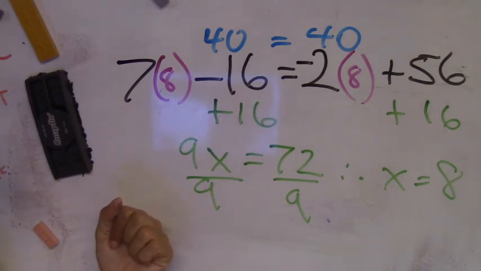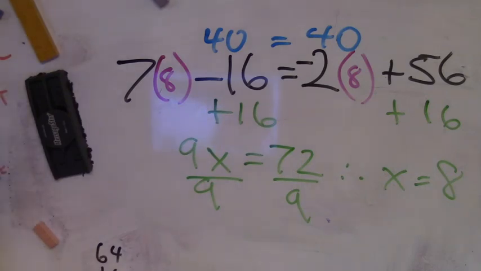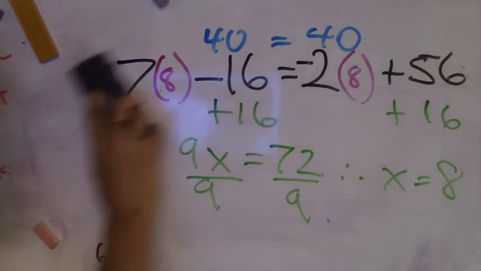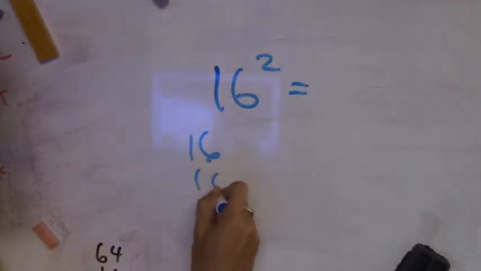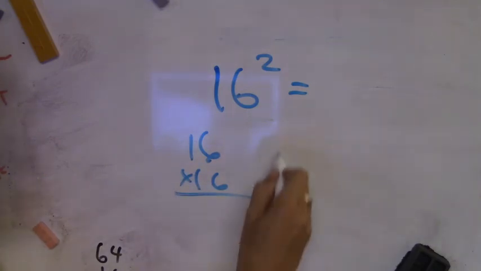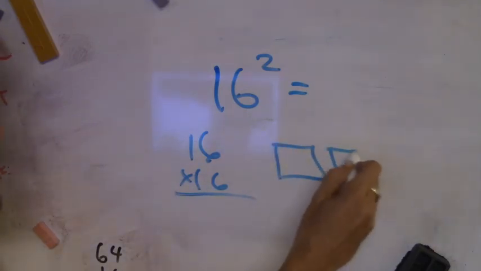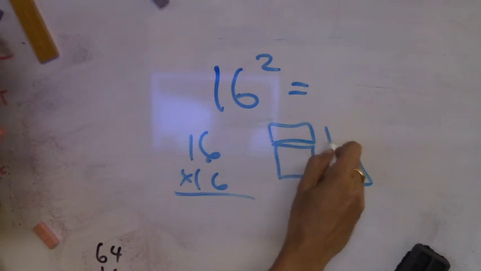You should know that one, right? I guarantee it's memorized. Okay, let's do one fast one. We're supposed to be hanging up, but that's alright. I got time. 16 squared, 16 times 16. Well, I'll draw a picture. That makes it even easier for me. And then I know that's 36.